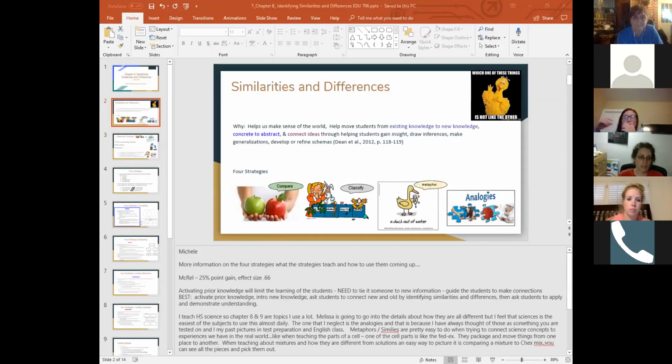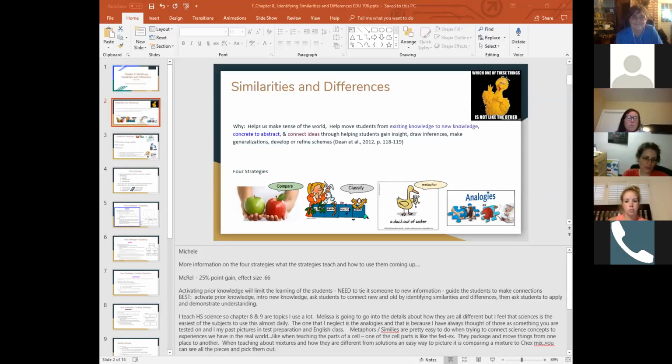It can also connect things together, help them draw inferences, see patterns, and refine and define schemas. So there are a lot of ways that this helps students. In the book, it talked about the results being a 25% gain, or an effect size of 0.66. They talked about the details and the testing, and I'll let you read that because that's probably not as fun to go through here.